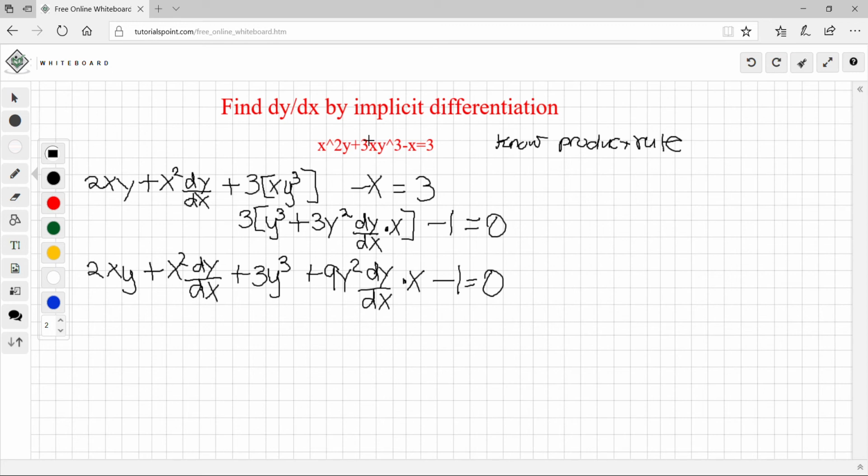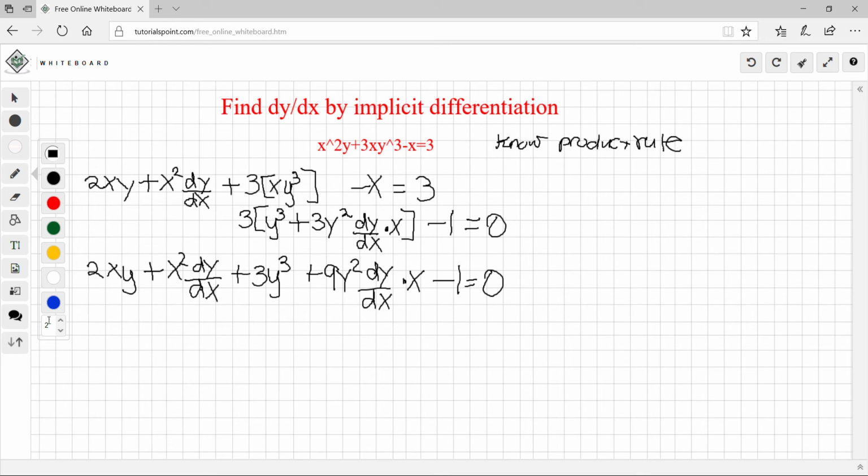So this is where we have dy/dx. We have the dy/dx on the x squared and this whole thing, right? So what I want to do is get rid of anything that doesn't have dy/dx, or move it to the right side.